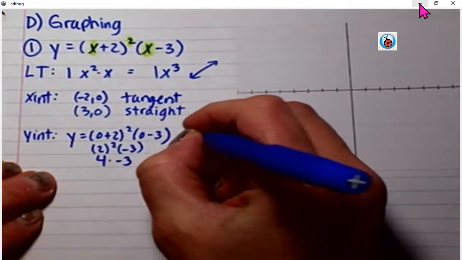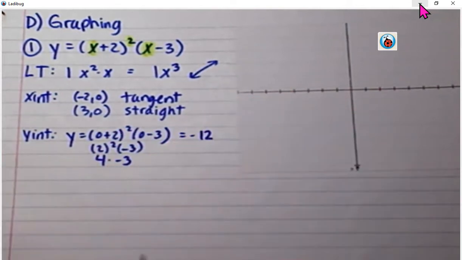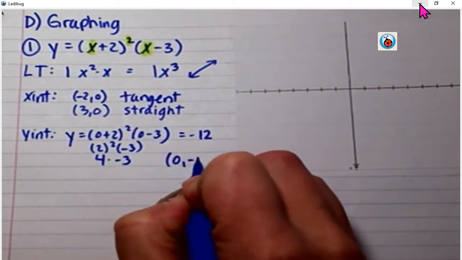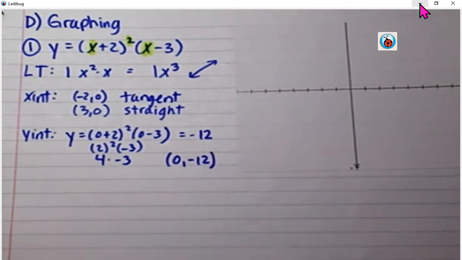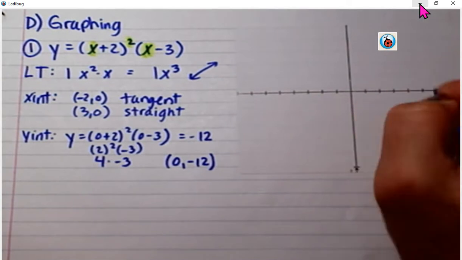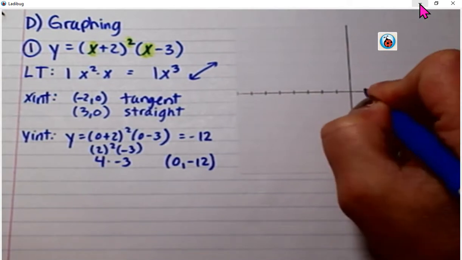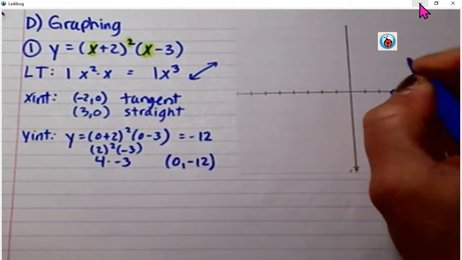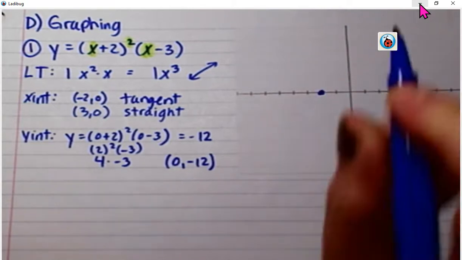So -12. We get the point 0, -12. Let's put it on a graph. So 3 and -2.